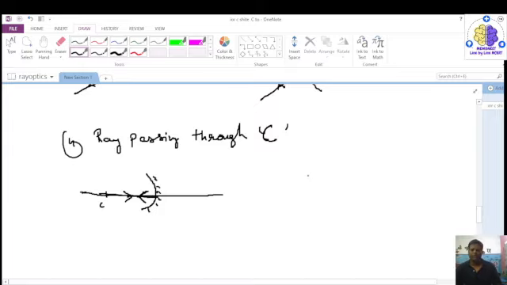Why is it normally incident? I'll tell you. Let's first see the convex mirror. Again, this is for a convex mirror. This is the principal axis. Sorry, here is the center of curvature.